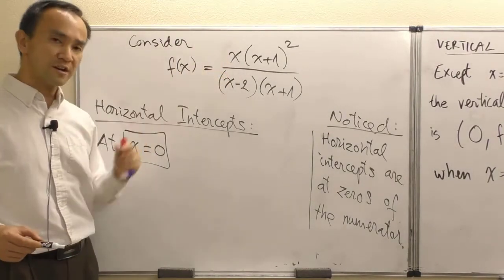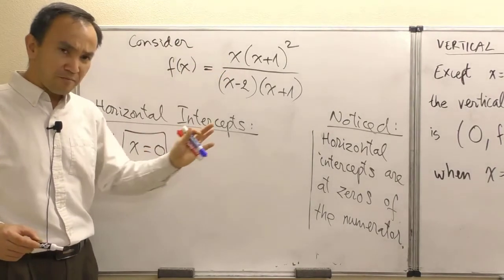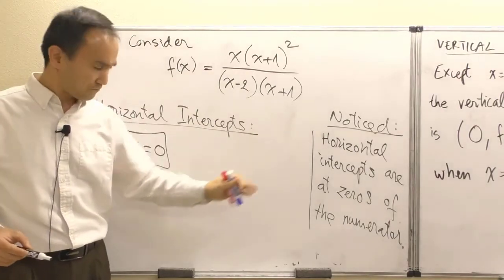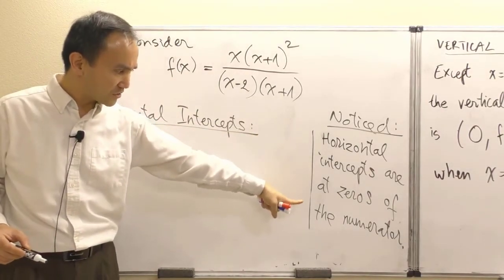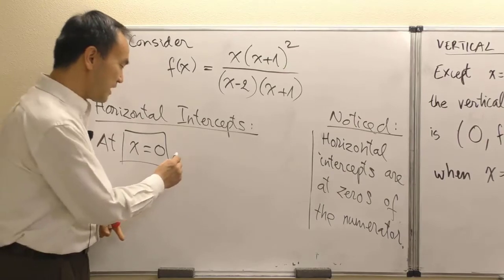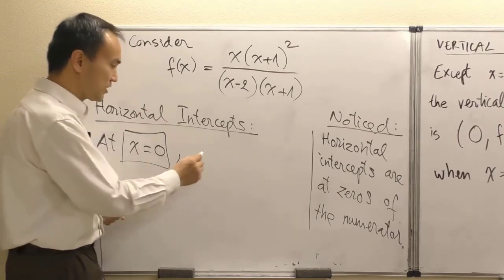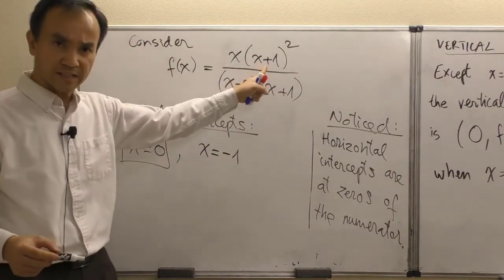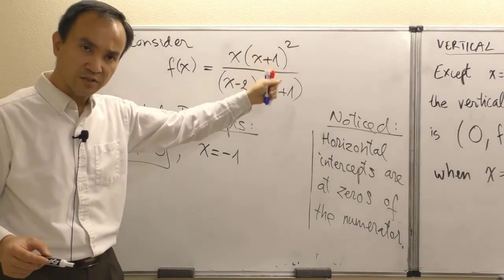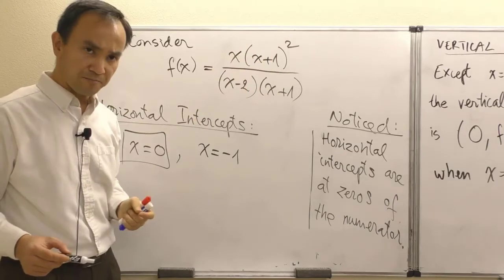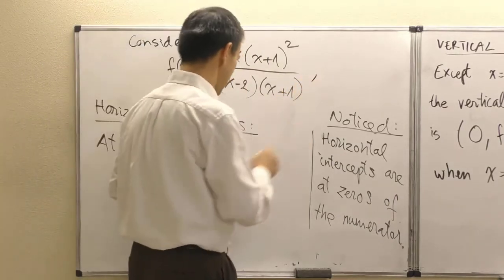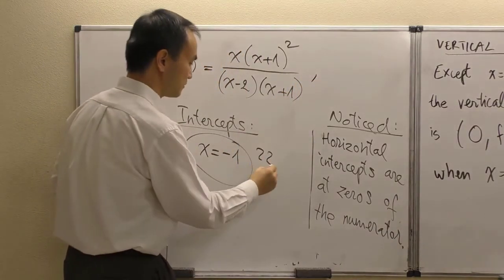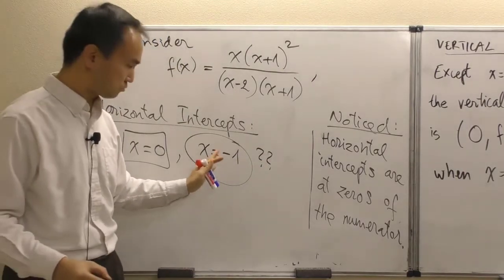But from that general observation we've made earlier, horizontal intercepts are at zeros of the numerator. If that's the case, then we should have had x equals -1 count too, because x equals -1 is also another 0 of our numerator. But notice we had a hole here, so I put a question mark.